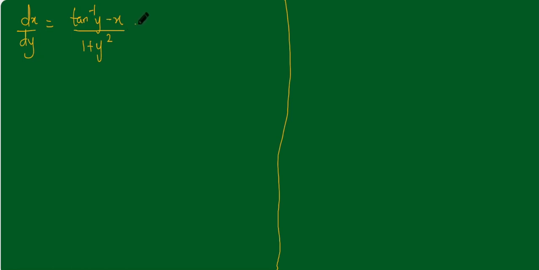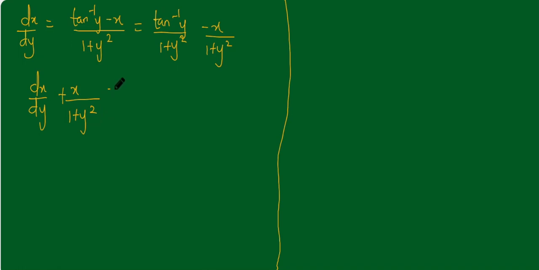Now we can rewrite this as tan inverse of y divided by 1 plus y squared minus x divided by 1 plus y squared. So let's take the x to the other side. We have dx/dy plus x divided by 1 plus y squared is equal to tan inverse of y divided by 1 plus y squared.